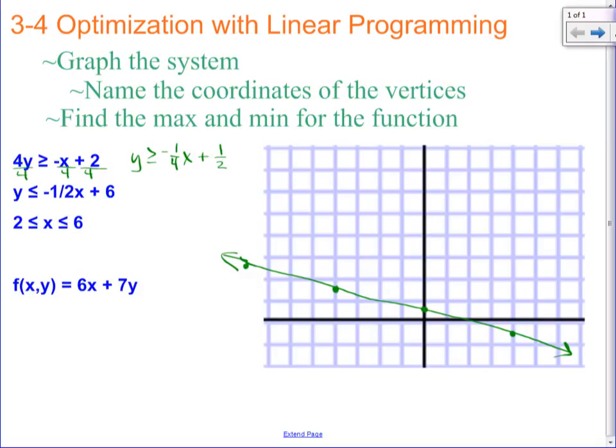Okay. This one we are shading greater than, so we're shading above this line. I'm just going to draw myself a little arrow to remind myself that we're going to shade above that line.